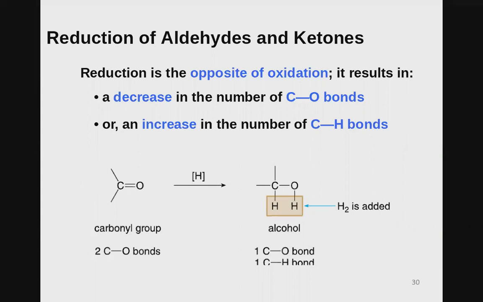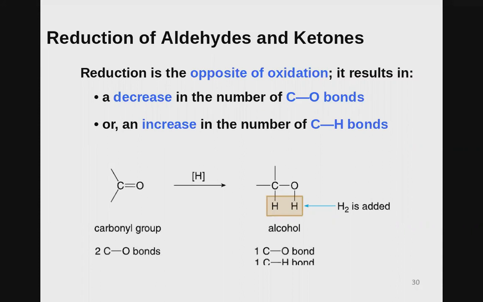Now, unlike the rest of the things we've talked about, we only talked about oxidation thus far, but remember the partner to oxidation is reduction. Oxidation is the loss of electrons. Reduction is the gain of electrons. While alcohols simply couldn't be reduced, but they could be oxidized, our aldehydes and ketones can actually be reduced.